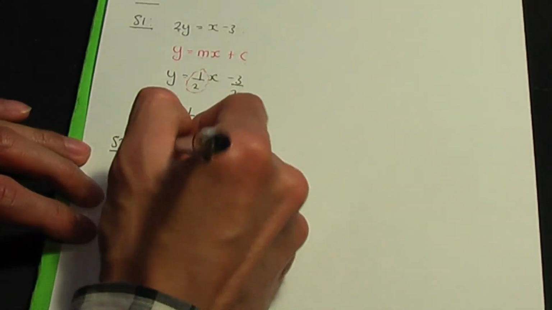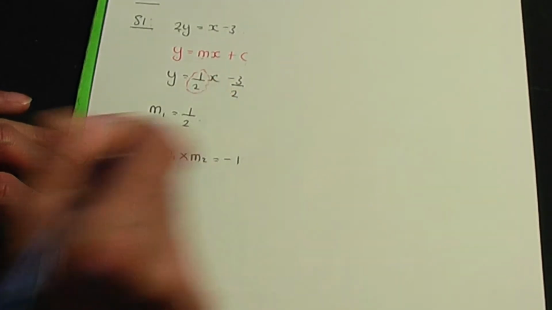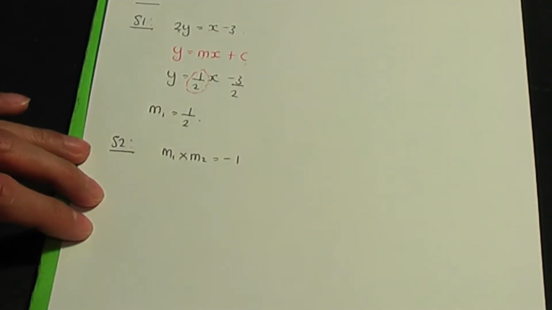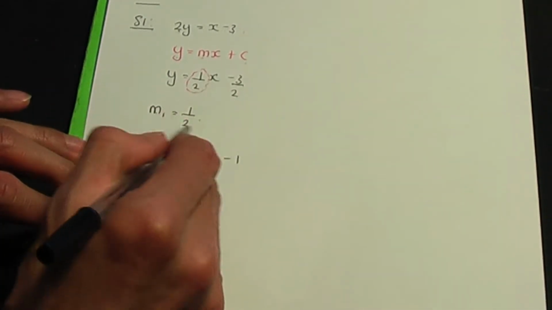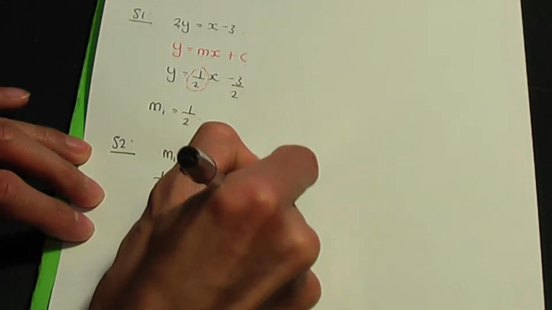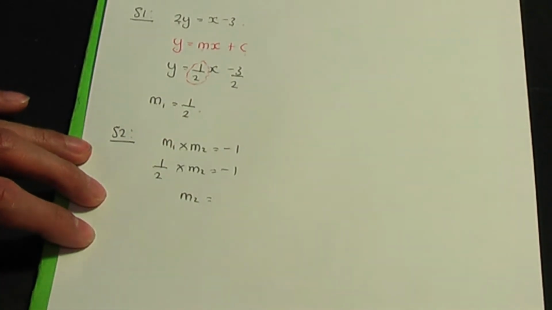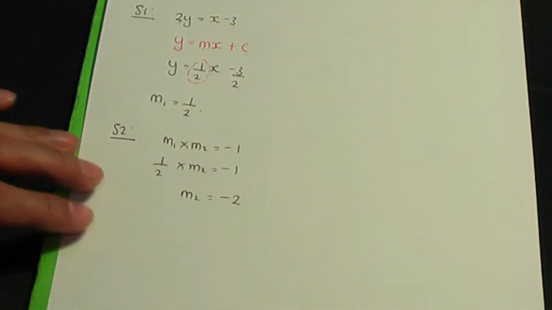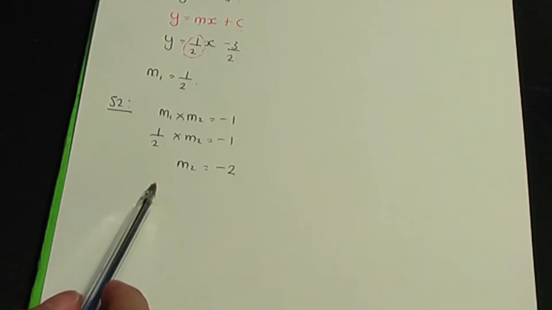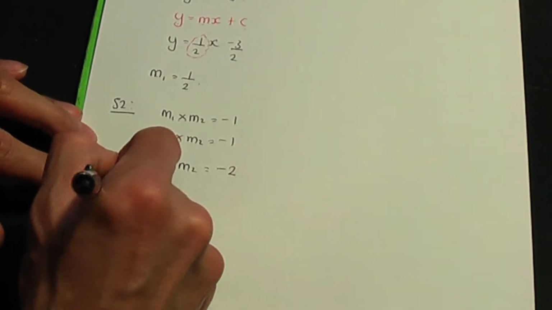To work out m2, we use the result m1 times m2 is equal to -1, since our line is perpendicular to the line in question. m1 I've named as half, so it's half times m2 that is -1. If I rearrange, m2 then is -2. Remember, m2 is the gradient of the line that we're going to calculate.